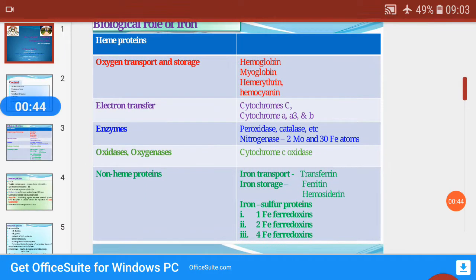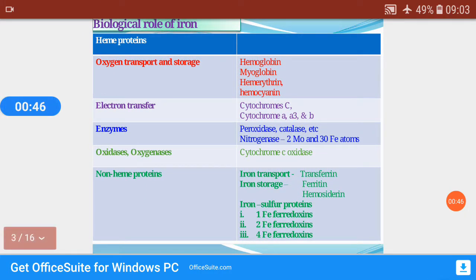So we all know that iron is not present in the free state. It will be associated with some special ligands, and it could be heme proteins or non-heme proteins. First is the oxygen transport and oxygen storage heme proteins.